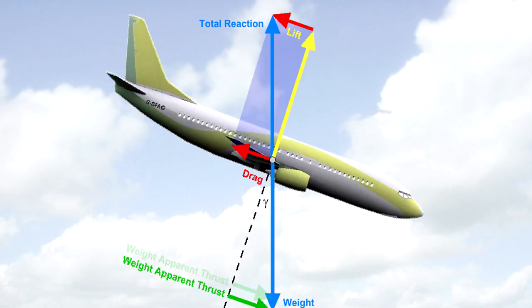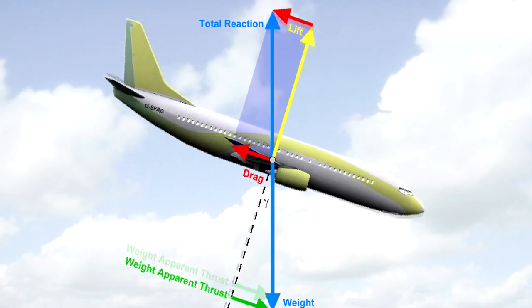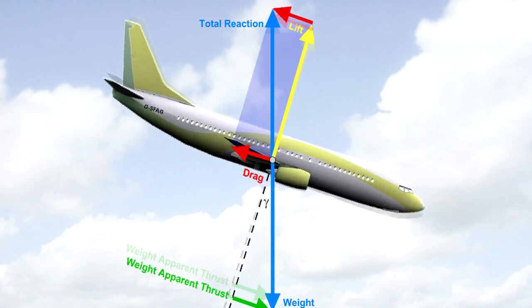Therefore, in order to maintain the same speed and to provide extra lift to balance the weight, the aeroplane's nose must be raised. This increases the angle of attack and therefore the lift, but it also keeps the forward force of weight apparent thrust the same as the excess drag. Therefore, a constant speed is maintained but at a shallower angle.